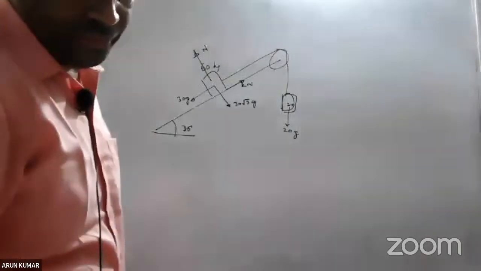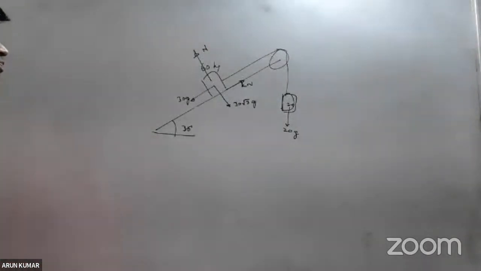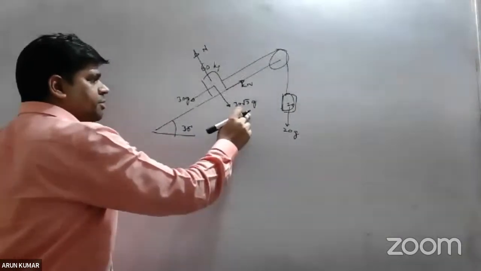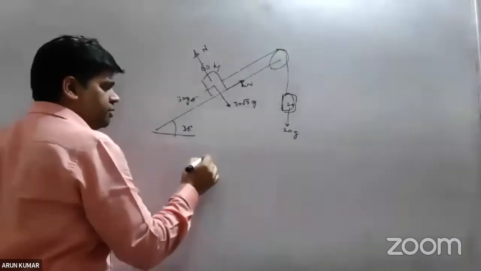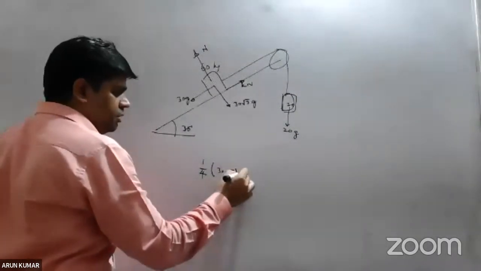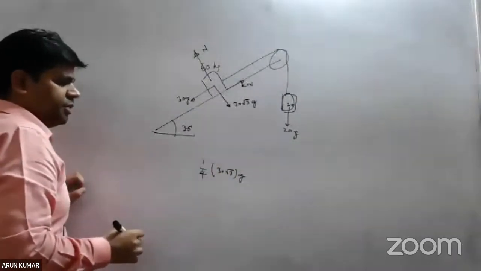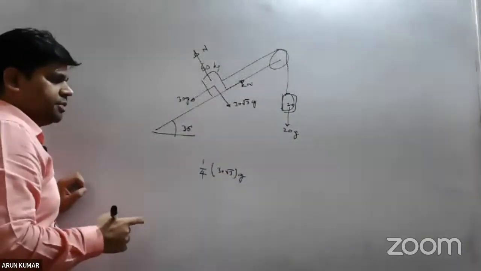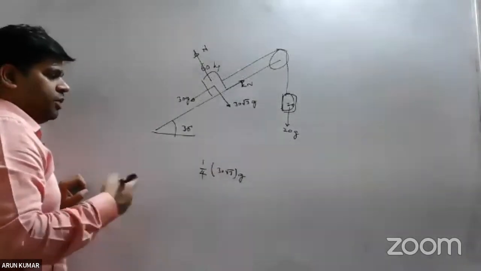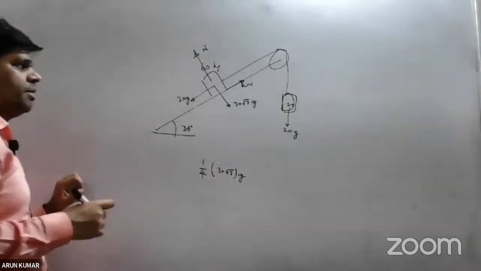Mu is 0.25. So 1/4 of 30 root 3G, that is 300 root 3 by 4. 1/4 of 300 is 75 root 3. And this is 10G.